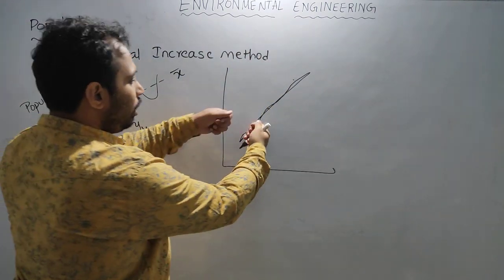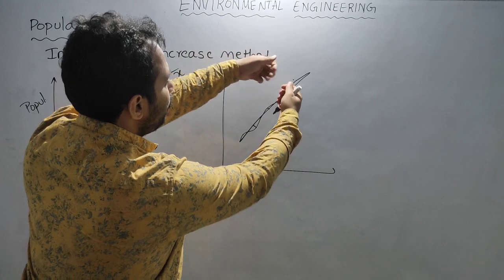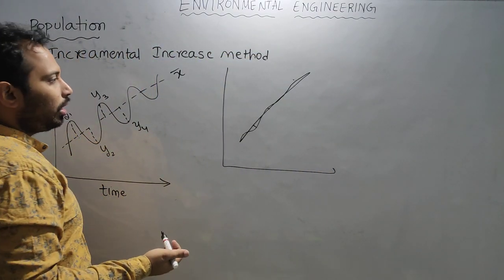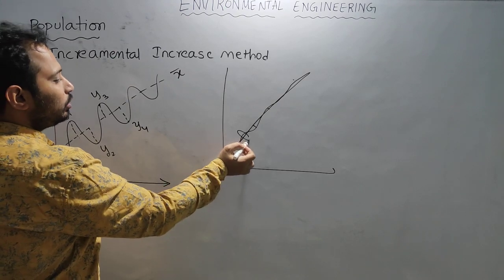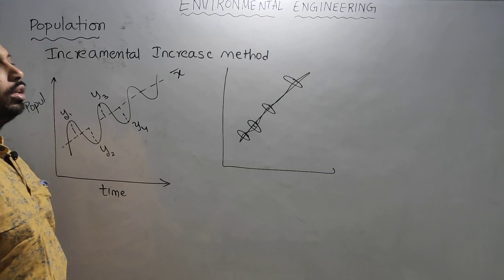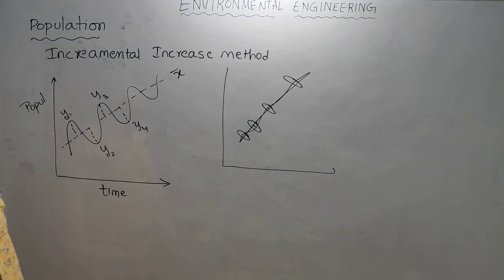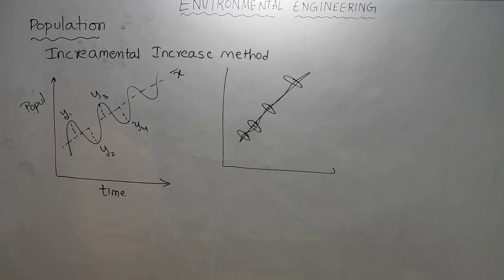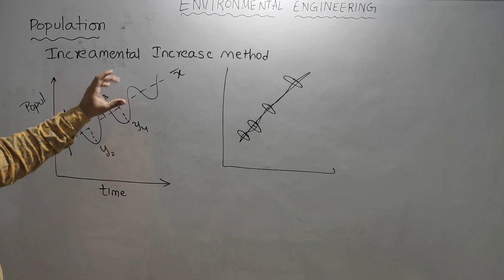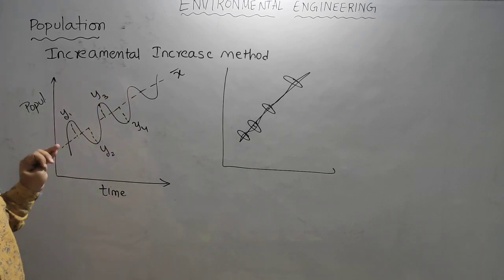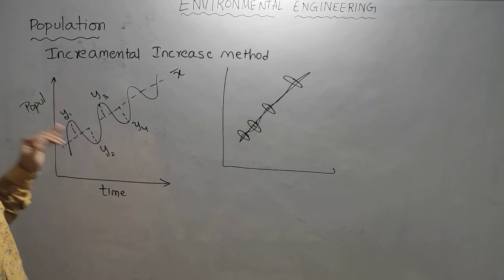But if the amplitude of this wave is increasing, I cannot neglect these values from our population forecasting. If you don't consider them, the value will not be accurate. So if they are not negligible, we need to take them into account to forecast the population. That is what I am doing here.